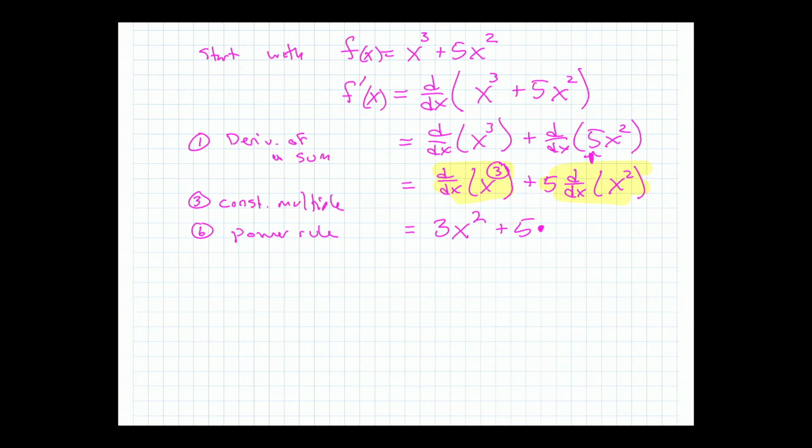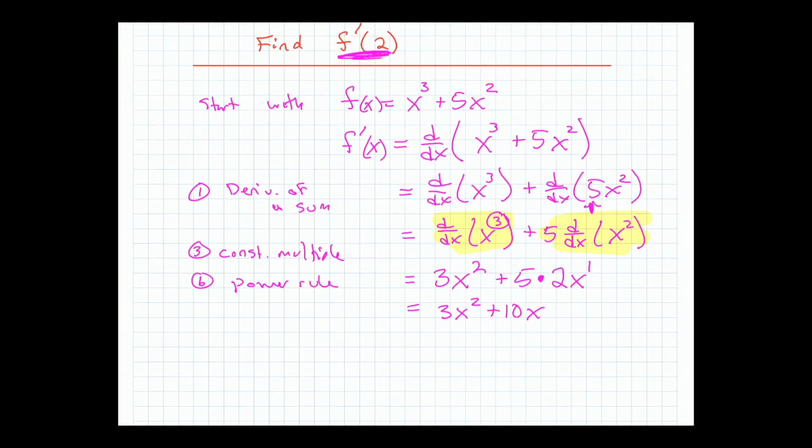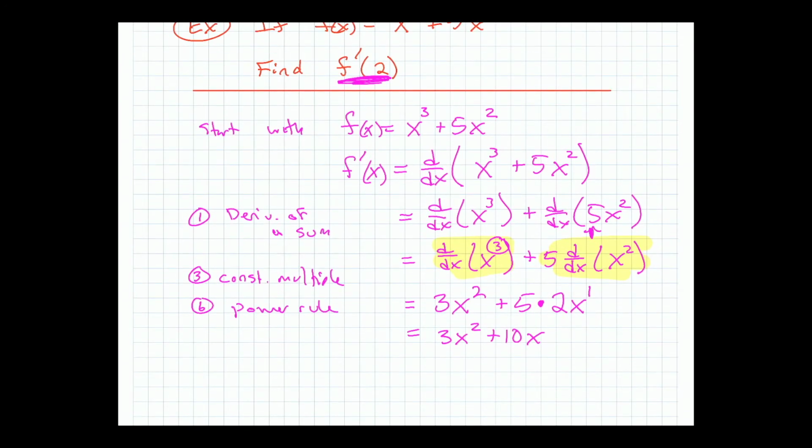What's the derivative of x squared? You take the 2 down in front, and you subtract 1 from the power. So you just get 2x. So our derivative is 3x squared plus 10x. That's the derivative. Now we need it evaluated at 2.